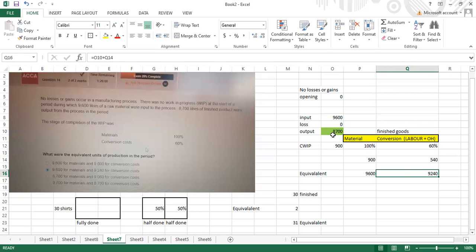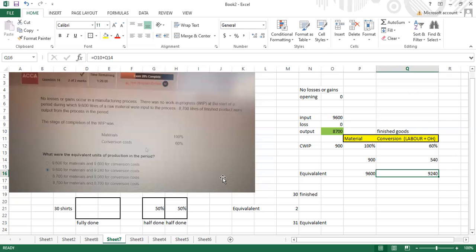So you will add this. Remember, that's very easy. So you can get the right answer, which is B. It is saying 9600 for material and 9240 for conversion cost. There is a high chance that this kind of question will appear definitely. And please don't make any more mistakes, you can easily do it.